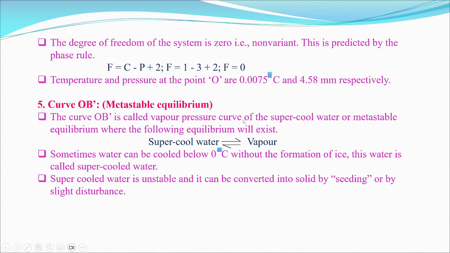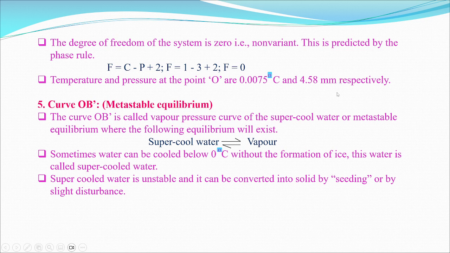If we apply the phase rule for this particular point, then F = C - P + 2, where the component is 1 and the phases are 3, so F = 0. The temperature of this triple point is 0.0075 degrees Celsius and the pressure corresponding to the triple point is 4.58 millimeters of mercury.